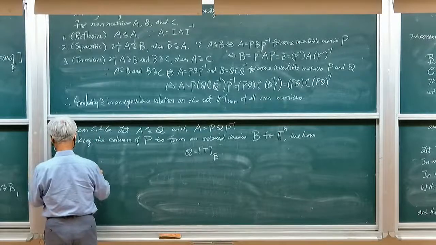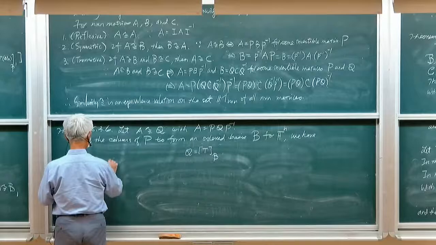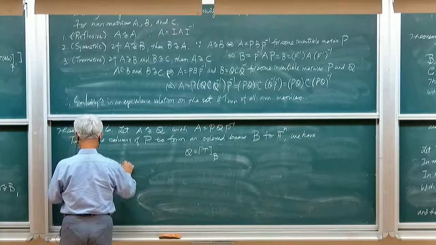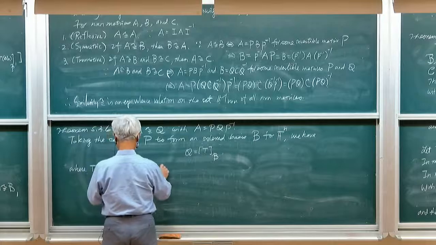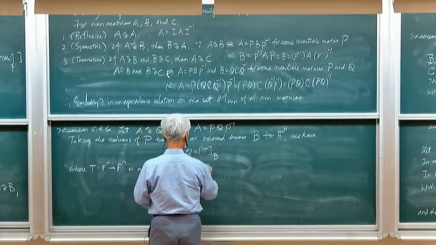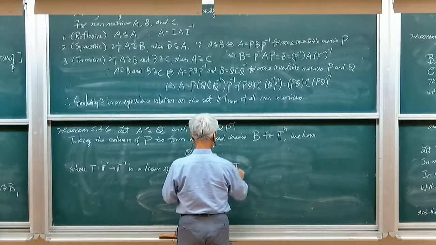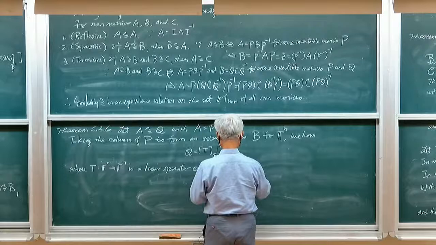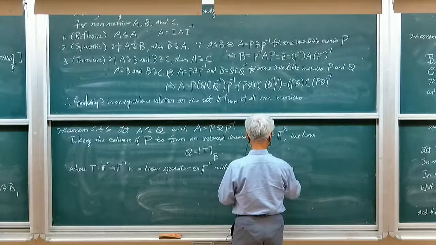T from Fn to Fn is a linear operator on Fn with Tx equal to Ax for all x in Fn.